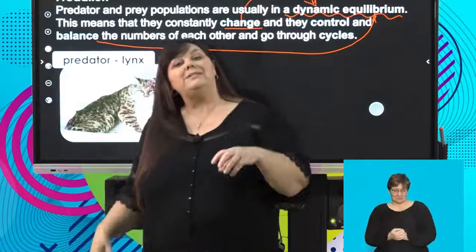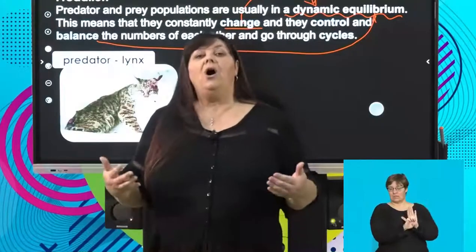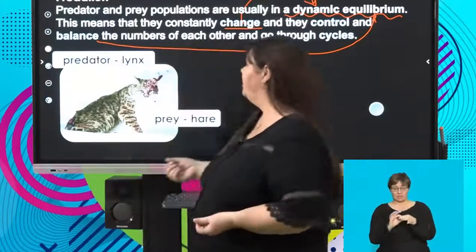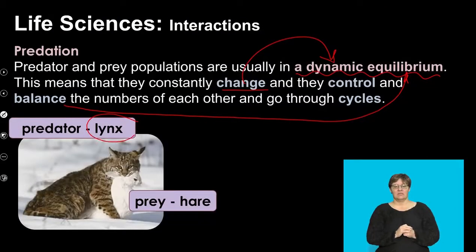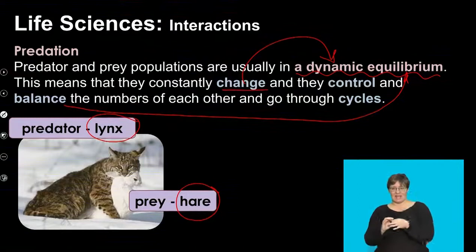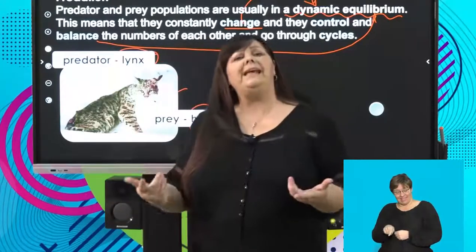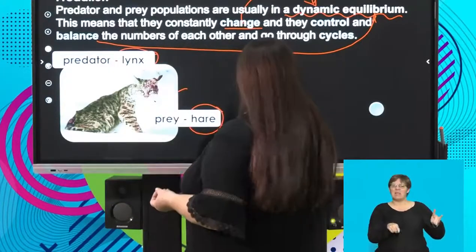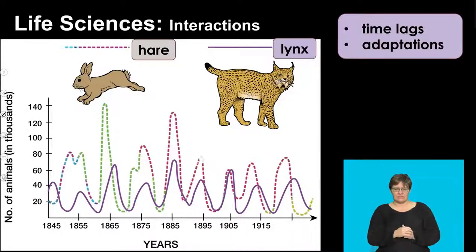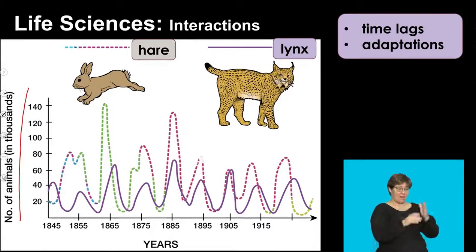One of the most classic and famous examples of a predator-prey relationship is that between the lynx and the hare. The lynx is indigenous to North America, and this is the little snowshoe hare, which is the prey population. So what is the relationship between these two organisms? If you look at this graph, on this axis we've got the number of animals in the population.